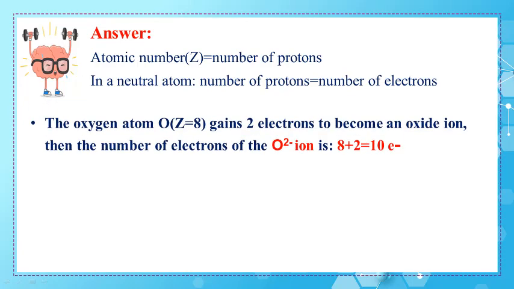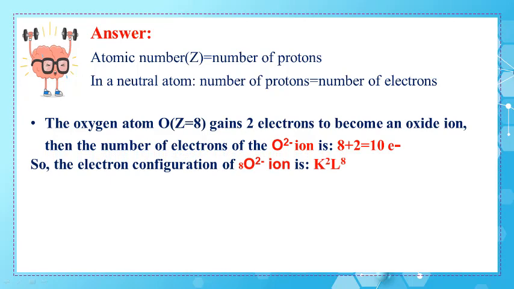For writing the electron configuration of O2- ion, we say that the oxygen atom O having Z equal 8 will gain 2 electrons to become an oxide ion. Then the number of electrons of the O2- ion is 8 plus 2 will give 10 electrons. So the electron configuration of O2- ion is K2L8.